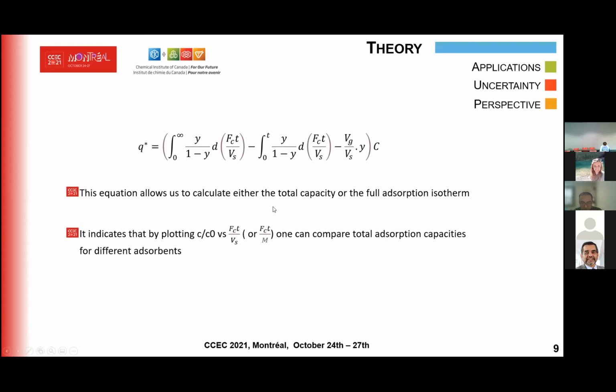It indicates that if you plot the normalized concentration change versus F C divided by T divided by VS here, or instead of VS we can use the mass of the adsorbent, and look at the area under the curve, it can give you at least a qualitative idea of which adsorbent has a higher capacity, because it is related to it.